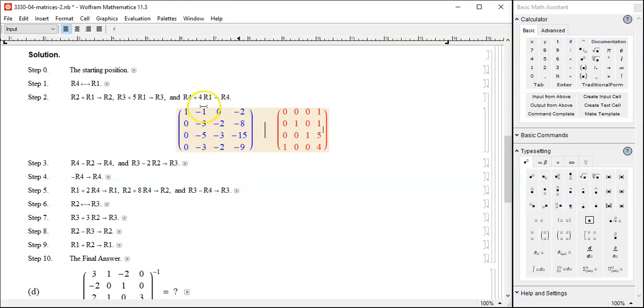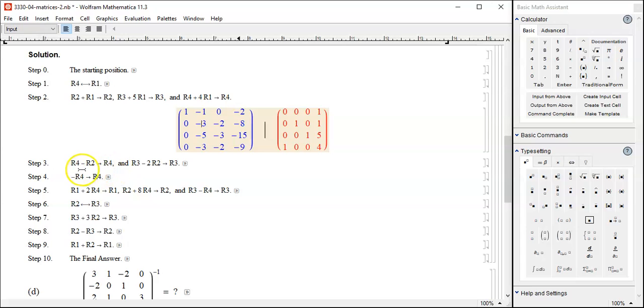And maybe I want to do something here, this row. And then how should I do that? Well, if I subtract this 4 minus 2, R4 minus R2, so -3 minus -3, that'll kill off.